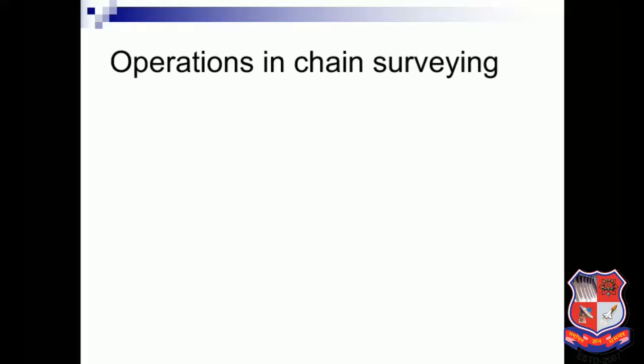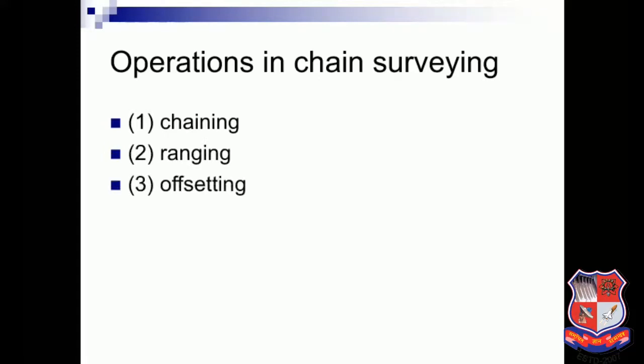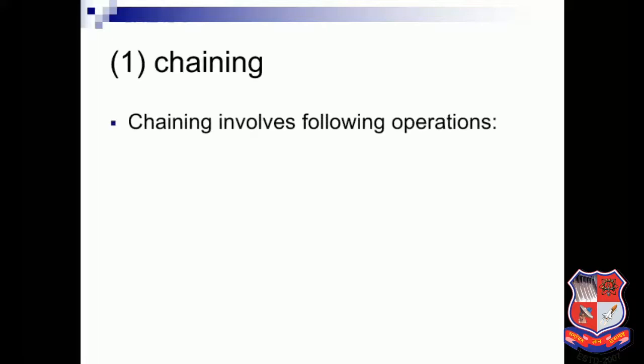Now we will discuss the operations in chain surveying. First one is chaining, second one is ranging, third one is offsetting. First of all, chaining. Chaining involves the following operations. First one is fixing the station.